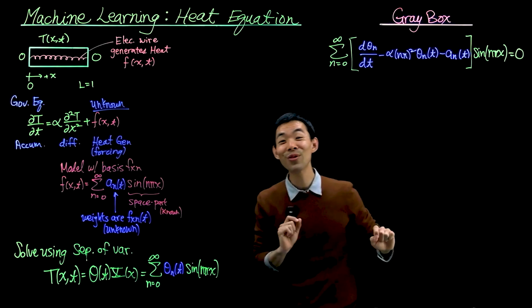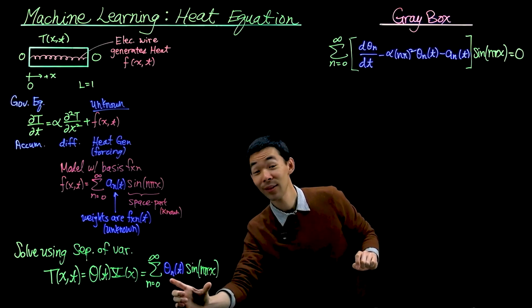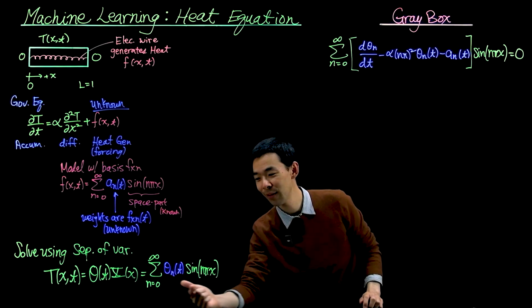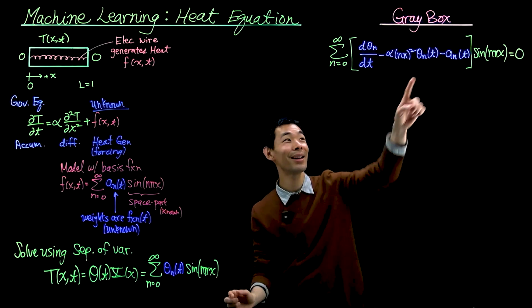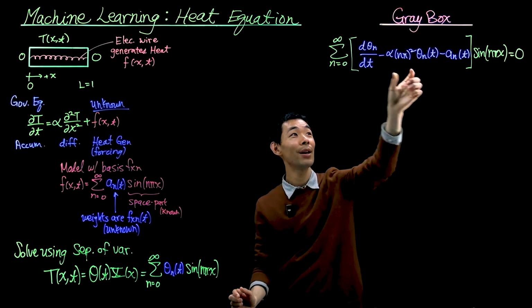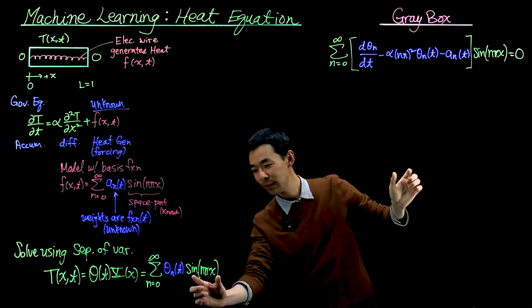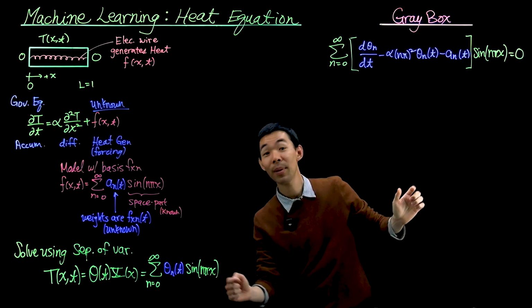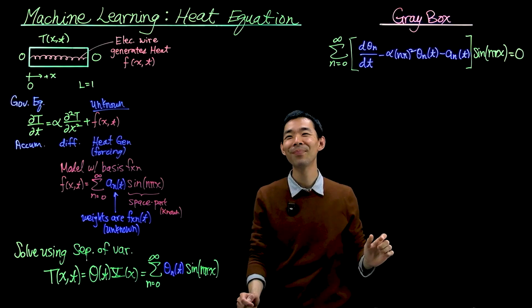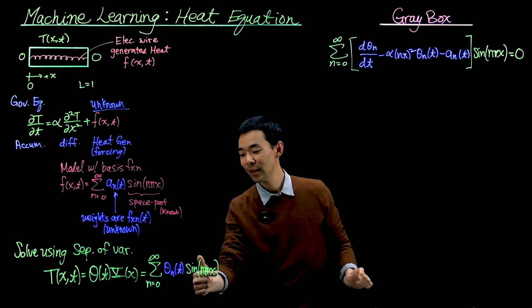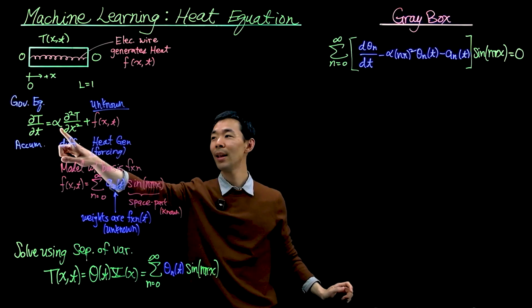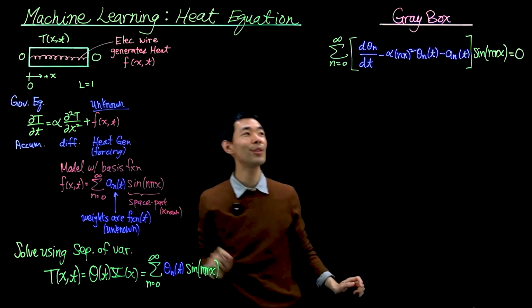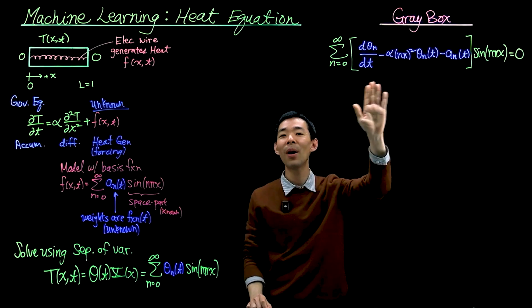Now, the diffusion term, we're going to take the space derivative of this function, and therefore the theta of t will just pop right outside. We get two derivatives in position, so we get n pi squared to pop out. And after that, you're going to get a negative sign. And therefore, we move it over to the left-hand side. This is going to turn into a positive sign.